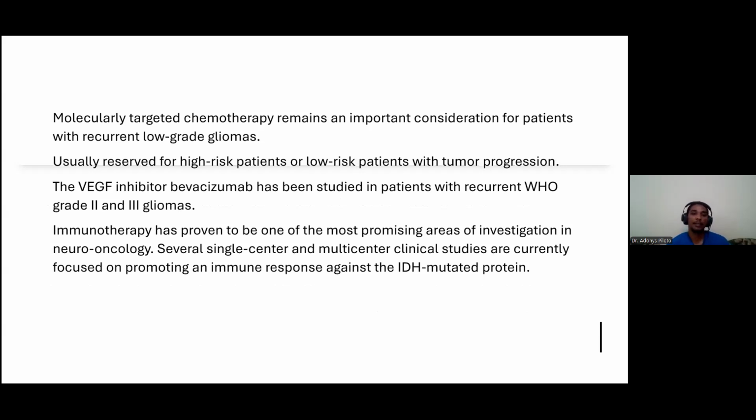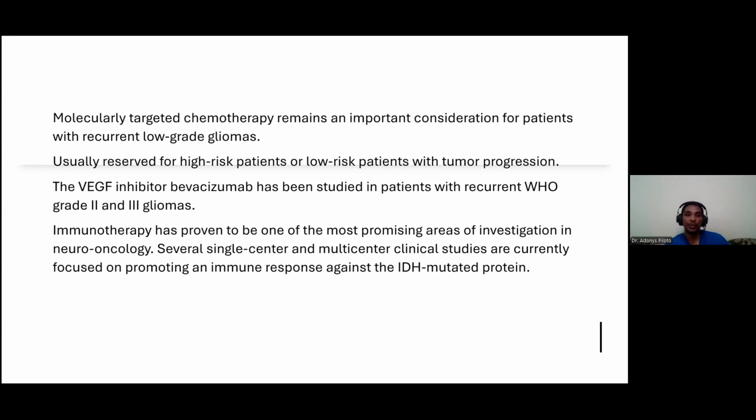Molecular targeted chemotherapy remains an important consideration for patients with recurrent low-grade glioma, usually reserved for high-risk patients or low-risk patients with tumor progression. The VEGF inhibitor bevacizumab has been studied in patients with recurrent WHO grade 2 and 3 gliomas.